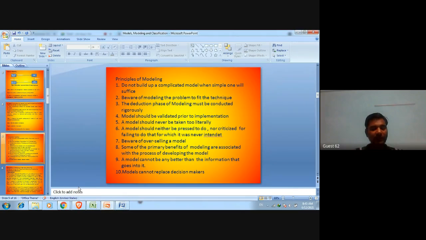We must divide operations research experts into three parts: technique developers, teachers, and problem solvers.